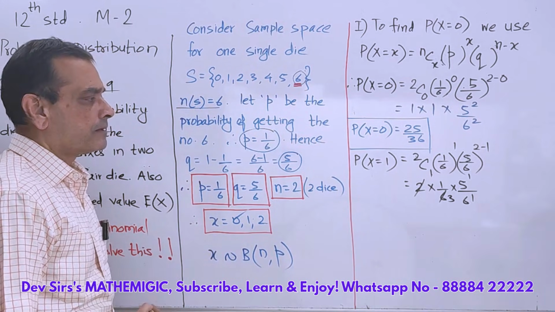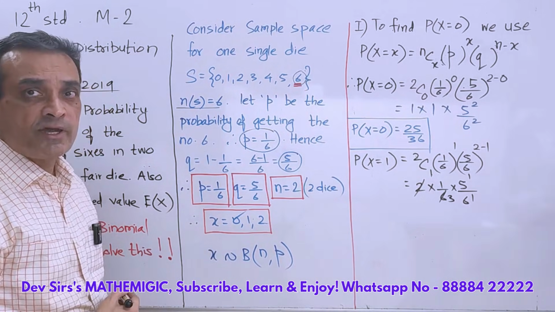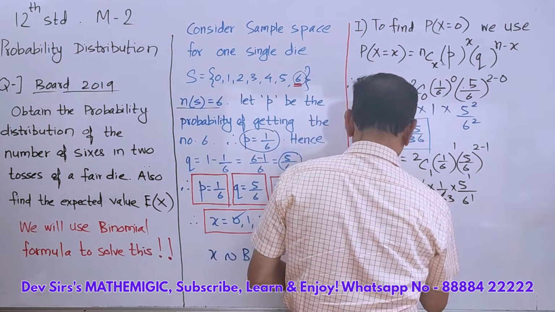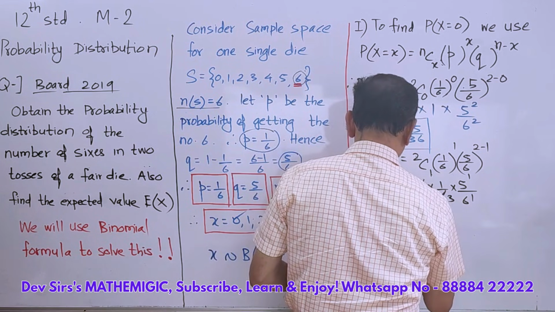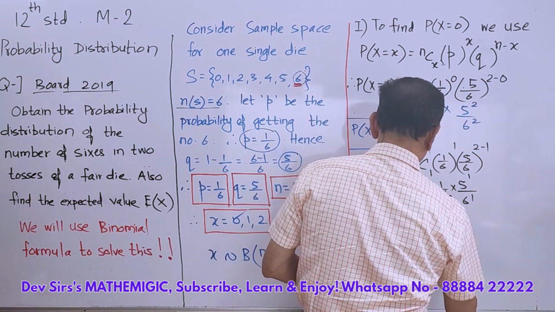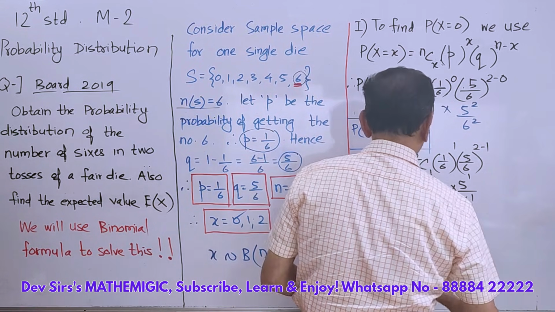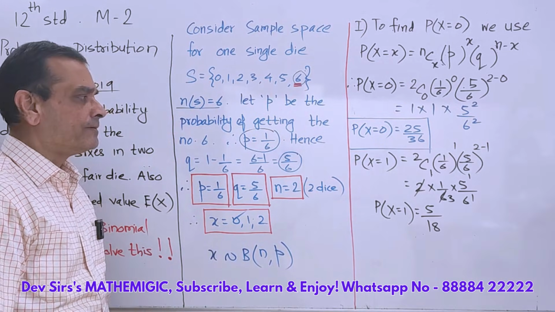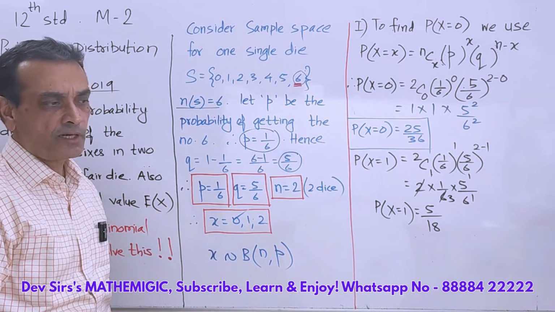Okay? So what's the second answer we are getting now? 5 by 18. Okay, 5 by 18. Clear?